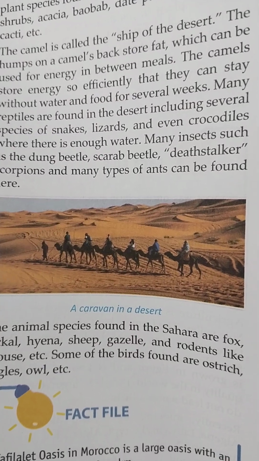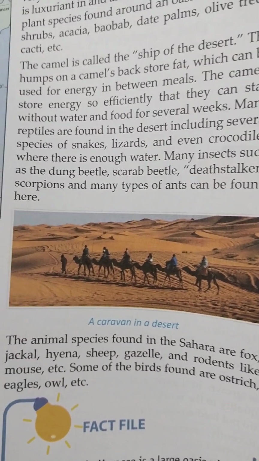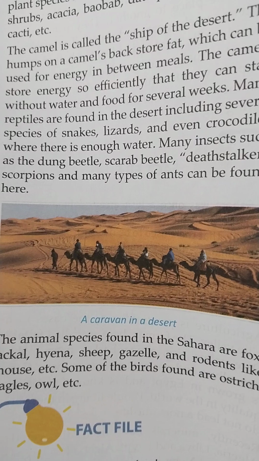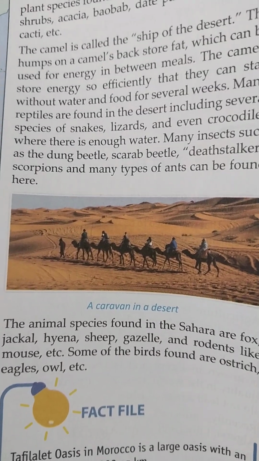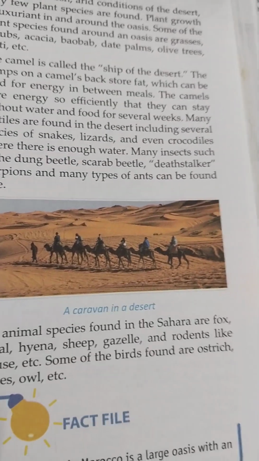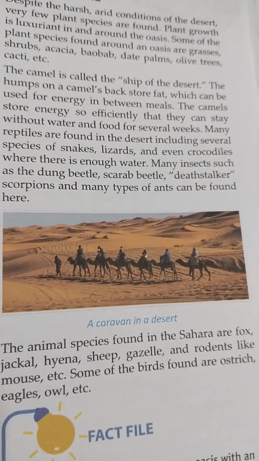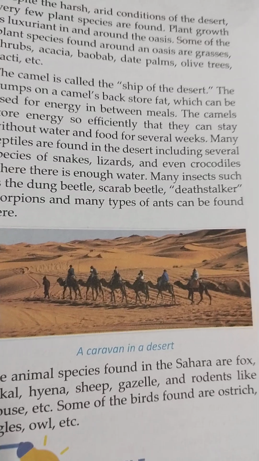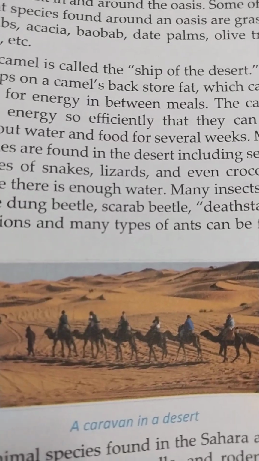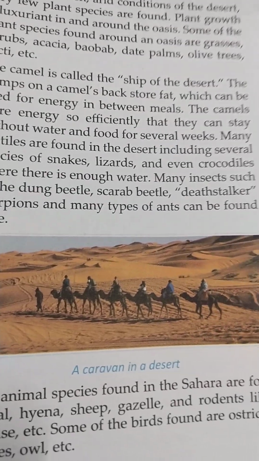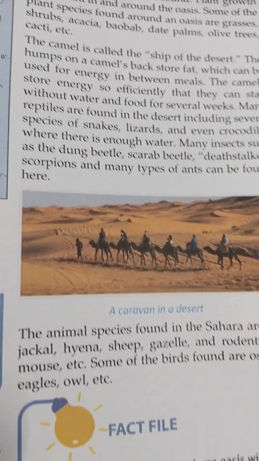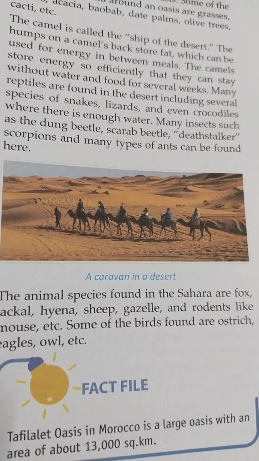There are many reptiles also, children, found in the Sahara Desert, like snakes, lizards, and even crocodiles, where there is enough water. Many insects such as dung beetle, crab beetle, death stalker, scorpions, and many types of ants can be found in the Sahara Desert.